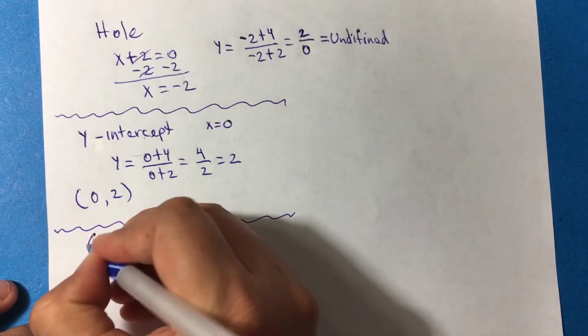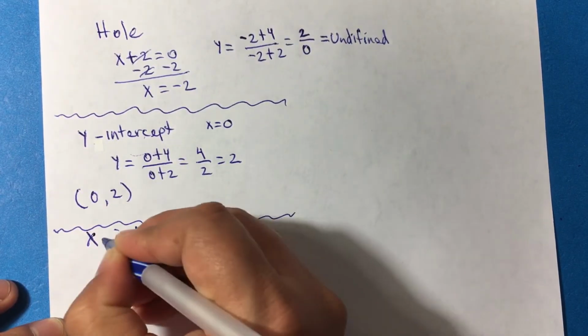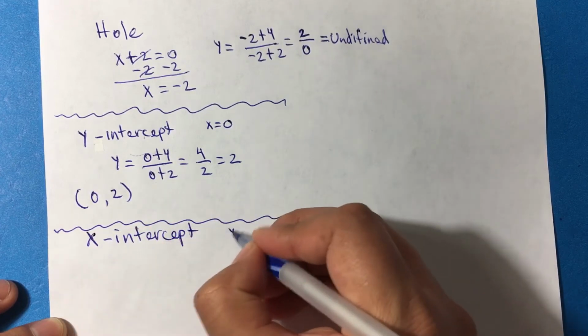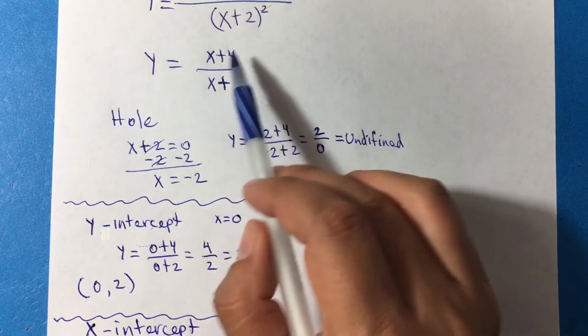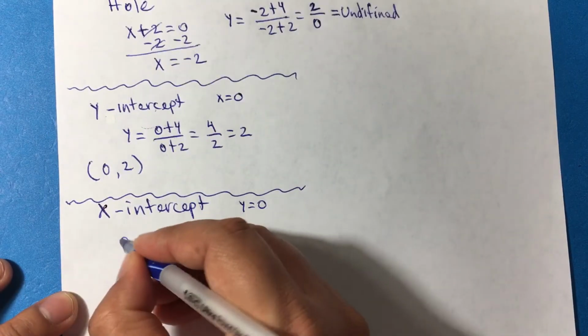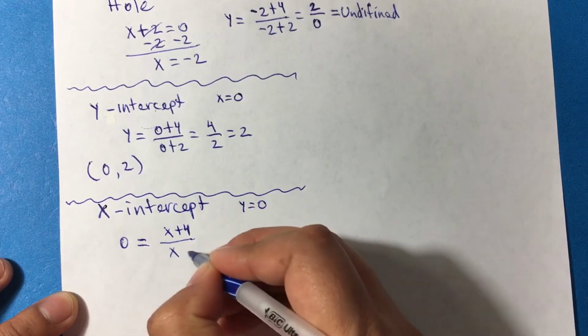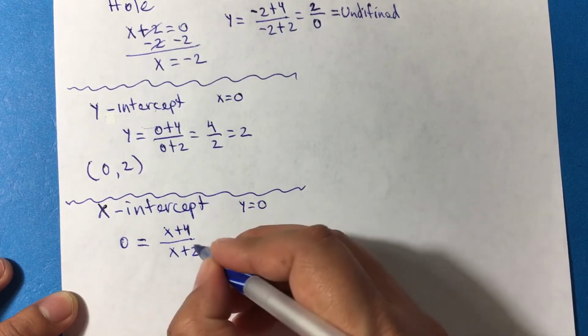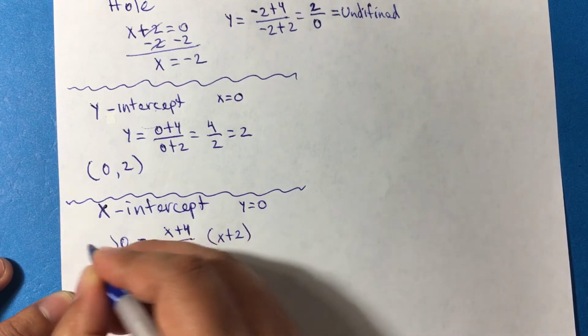Then we're going to look for the x-intercept. And so y will be equal to 0. Again, we replace the y with 0 and bring that down. So 0 equals x plus 4 over x plus 2. Okay, if we're dividing, we're going to multiply by x plus 2 on both sides.